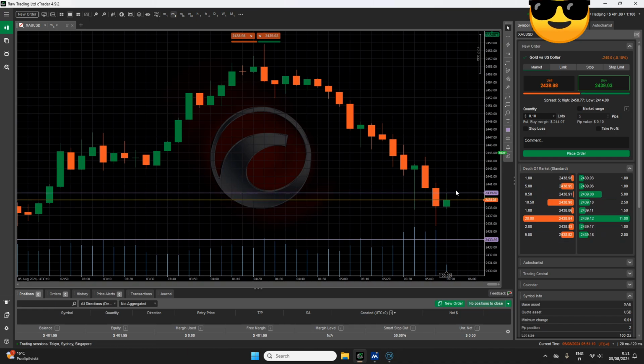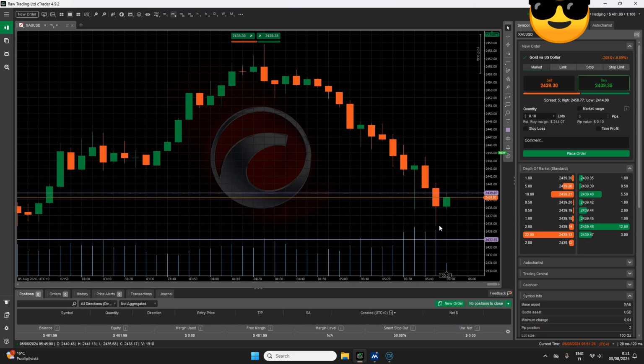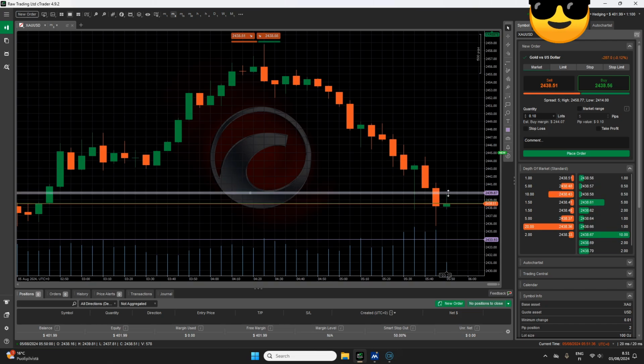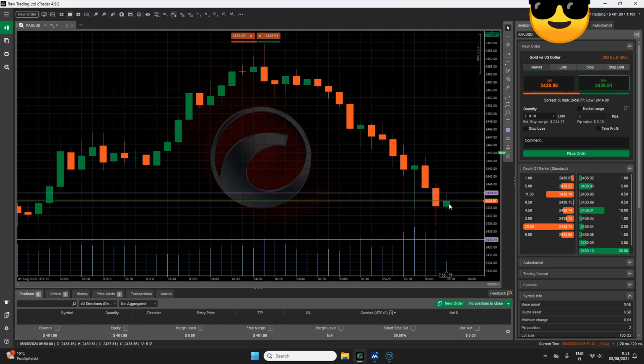Then I'll enter, or I'll set the limit on this candle. My stop loss will be just below this pivot low here. Then I will go for 1-to-1. That means from this low pivot to the break of this candle, potentially. Then I'll find the range.